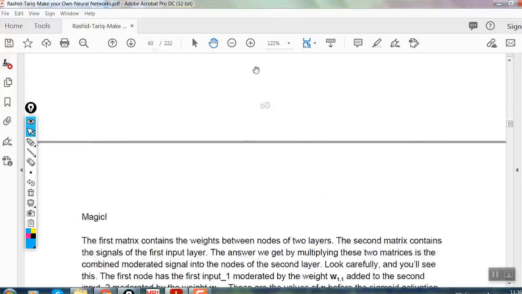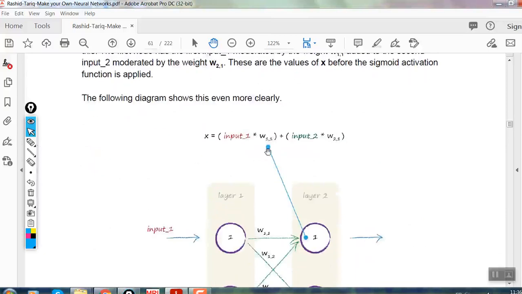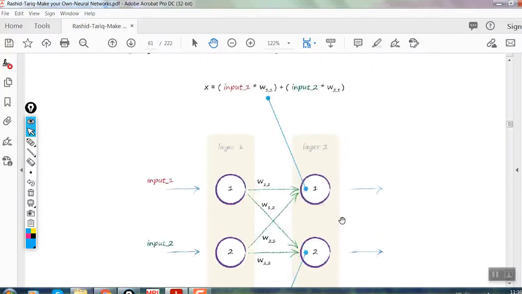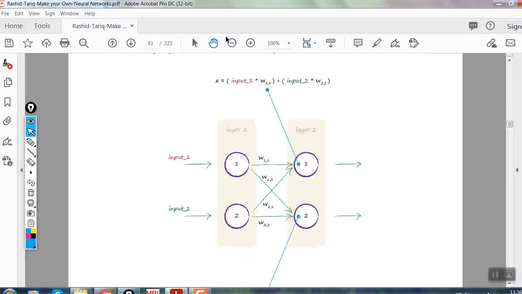Then again, according to this matrix representation, you can calculate the output of each node. Of course, this is the output of this node before passing to the activation function.